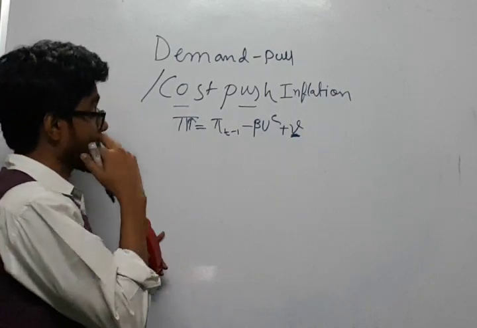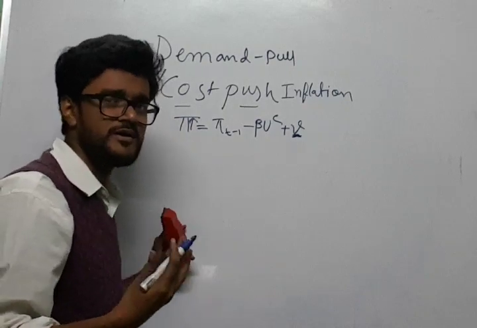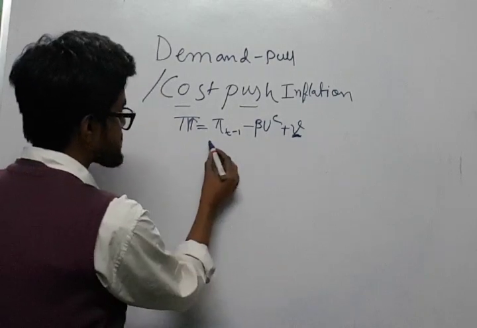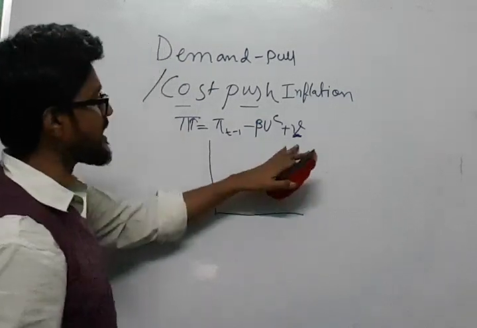Now, if there is an adverse supply shock, what will happen? What is a supply shock? How does it arise?